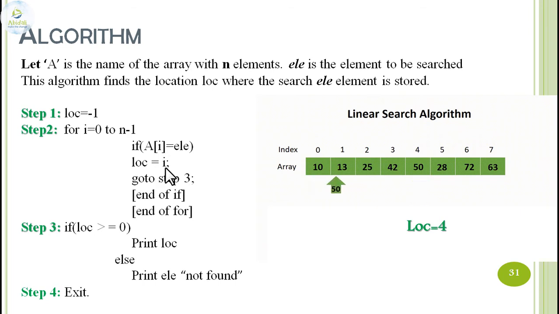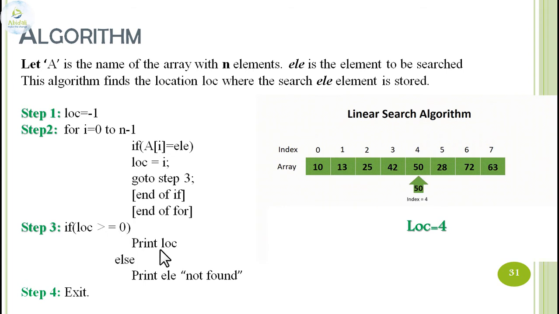When LOC is equal to 4, it jumps to step number 3. Go to step number 3. Directly it will jump here to statement number 3. In step 3, we check whether the location value is greater than or equal to 0.